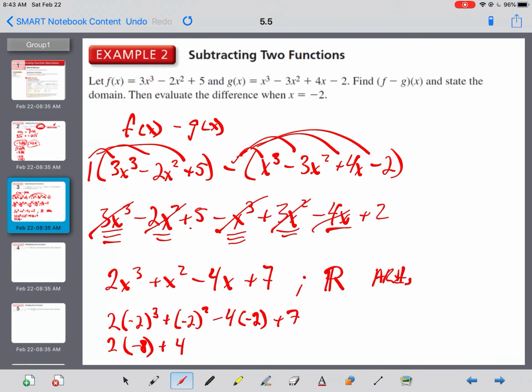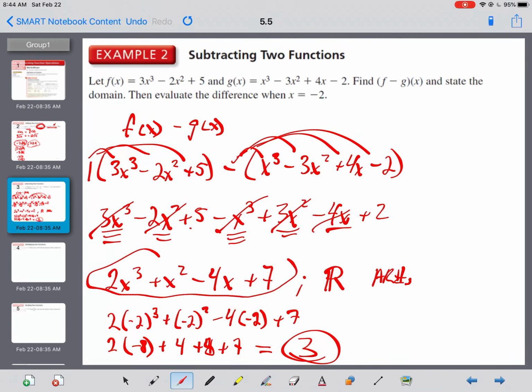Negative 2 squared is 4. Minus 4 times negative 2 is going to be positive 8. And then plus 7. 2 times negative 8 is negative 16. Negative 16 plus 4 is negative 12. Negative 12 plus 8 is negative 4. And negative 4 plus 7 is 3.